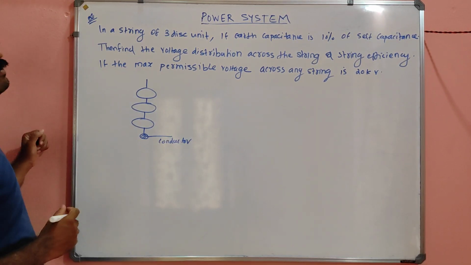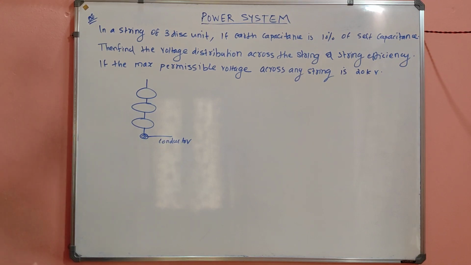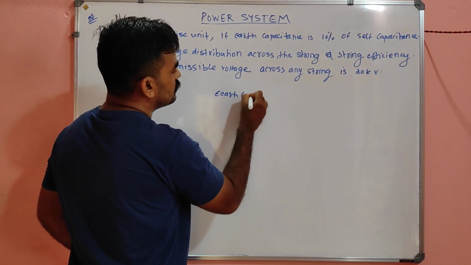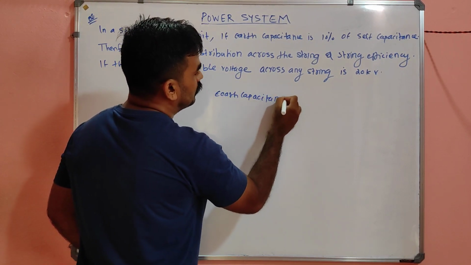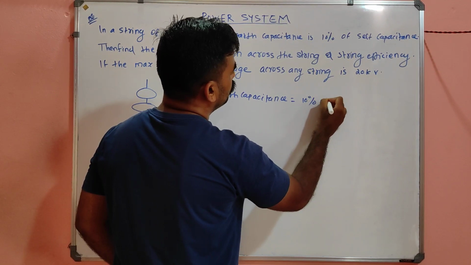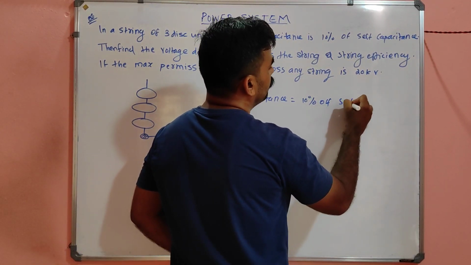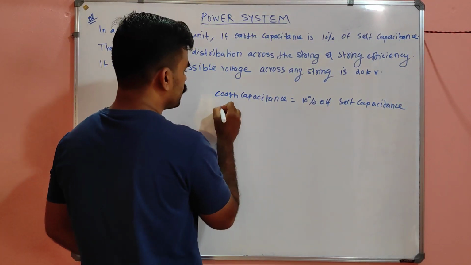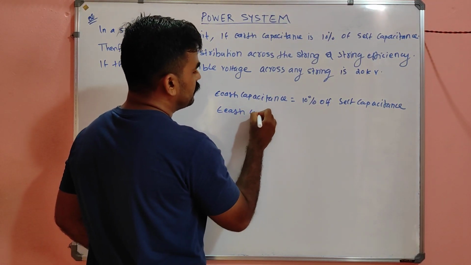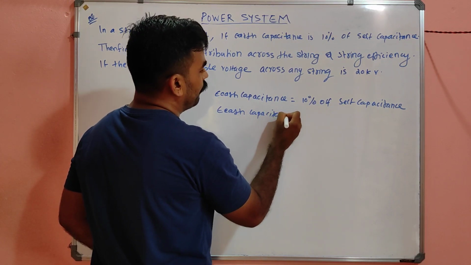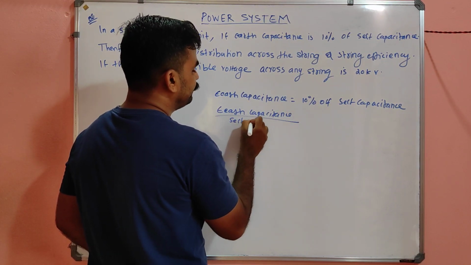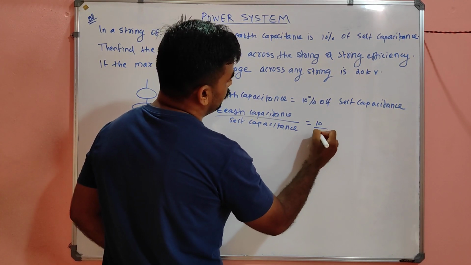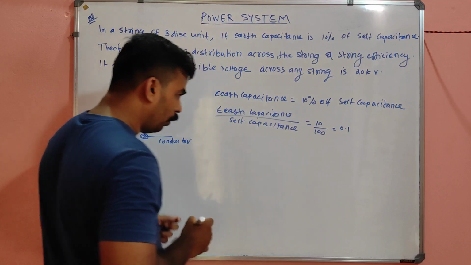If earth capacitance is 10% of self capacitance, that means earth capacitance equals 10% of self capacitance, or earth capacitance by self capacitance is 10%, which is nothing but 0.1.